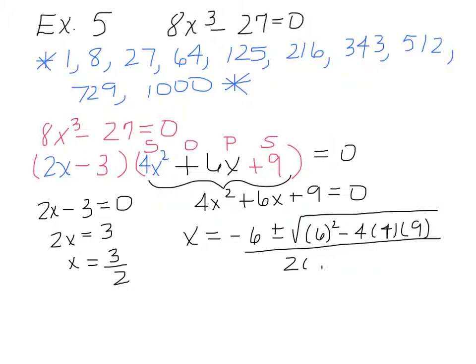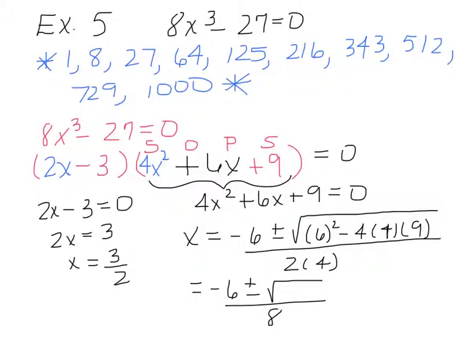All over 2a. So simplifying it, I'm going to get negative 108, and then I'll just break that down to 36 and 3, so that'll be 6i radical 3.